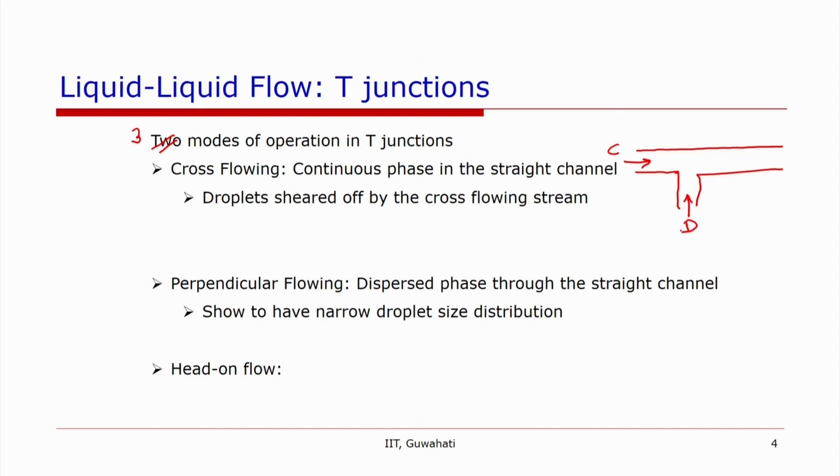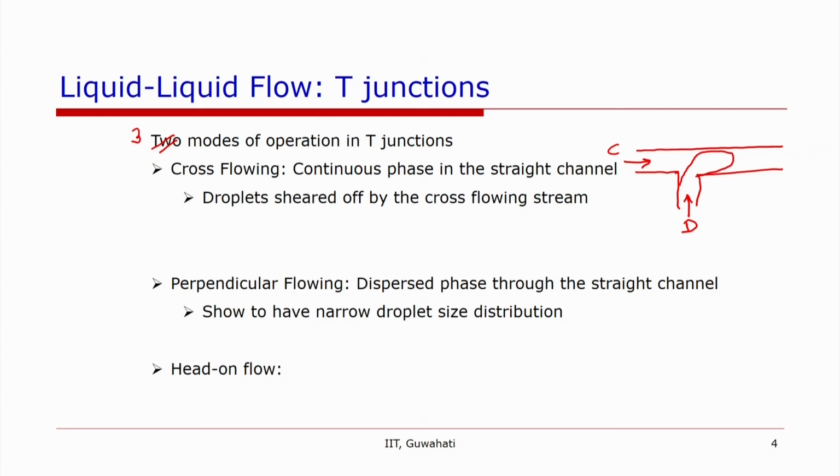When the dispersed phase comes from here, the bubble or droplet generation in this case will be like this, and the droplets will be moving from here. So that is for cross flowing.